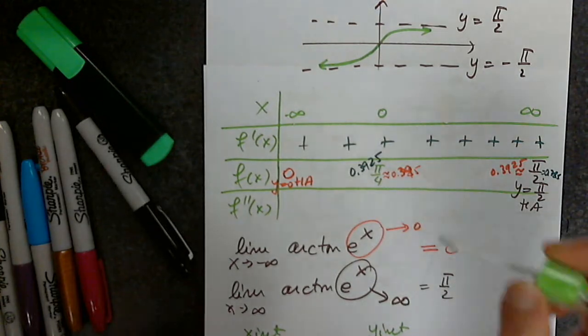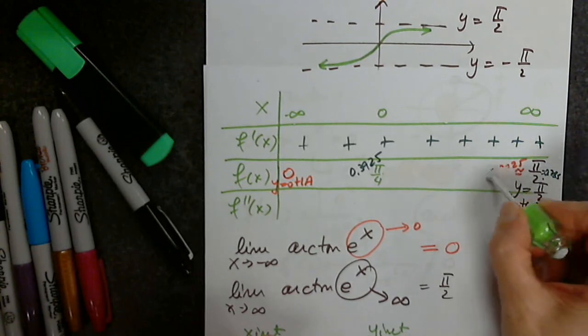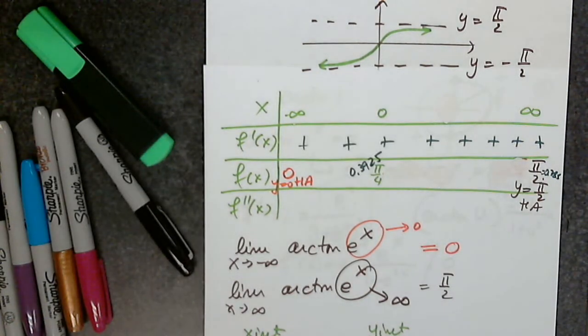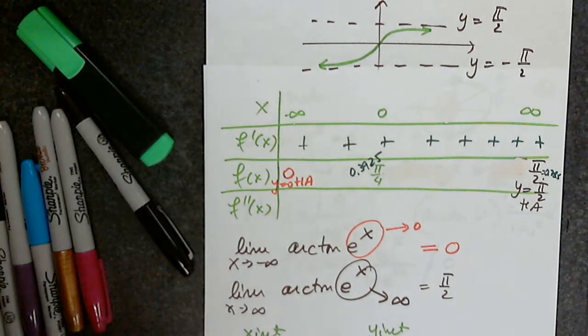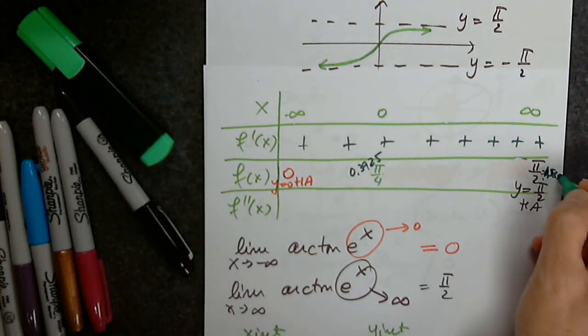Good. So now, pi over 2. I got 1.5. So did I copy them incorrectly? So pi divided by 2. Oh yes, 1.57. Thank you.